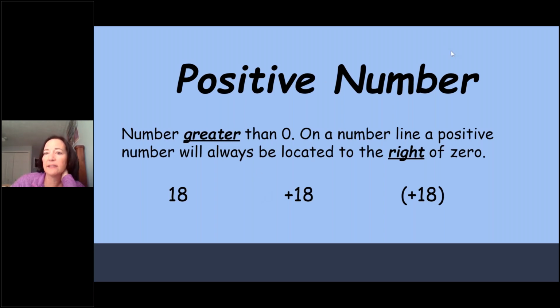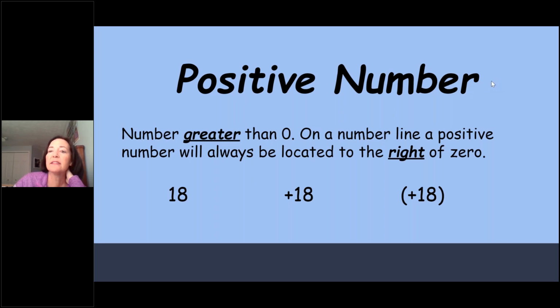The first one is positive number. That would be any number greater than 0. On a number line, positive numbers will be located to the right of the 0. There are 3 ways that you're going to see positive numbers written. Typically, we just see the number written with no sign, and it's our job to understand that's positive.